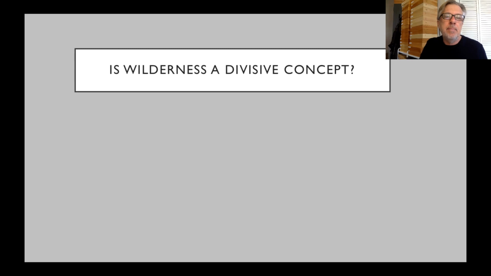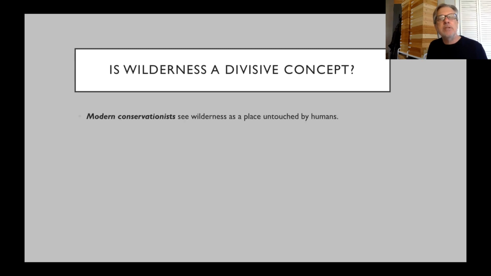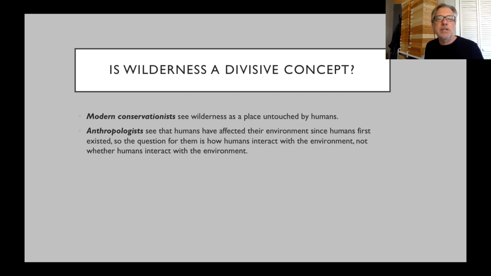Wilderness has become a divisive concept because of these reasons. Modern conservationists see wilderness as a place untouched by humans. But anthropologists see that humans have affected their environment forever, and that even places that appear to be wilderness have had humans living within them. And so for anthropologists, the question is how humans interact with the environment, not whether humans interact with the environment.